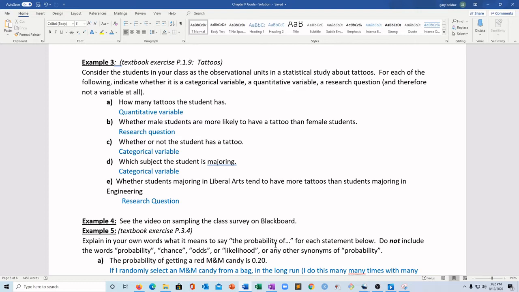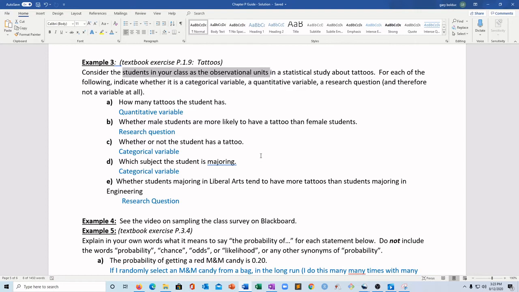So let's think about this. Go back and focus on this real quick. The students in your class are the observational units. So all of our questions are going to be focused on that line right there. If the students are the observational units, then every variable should be a piece of data, some information I'm getting from each student.